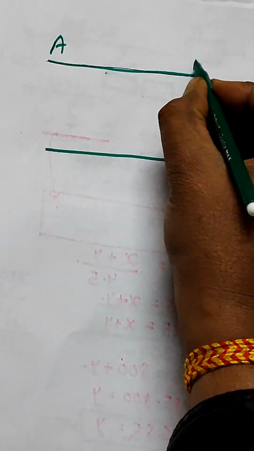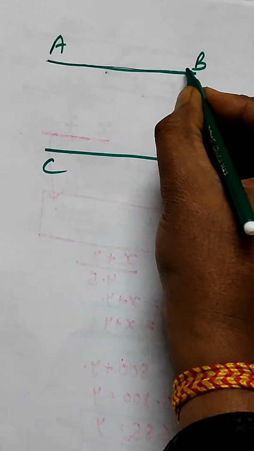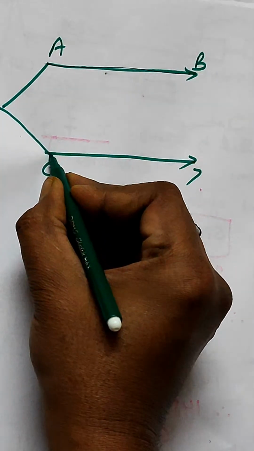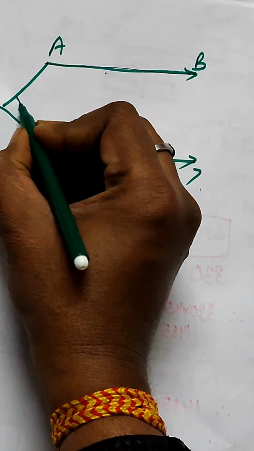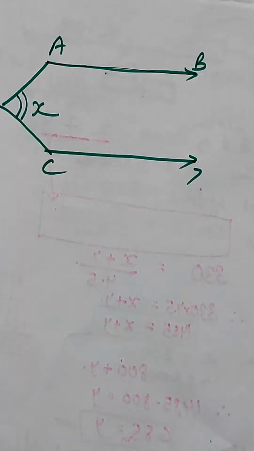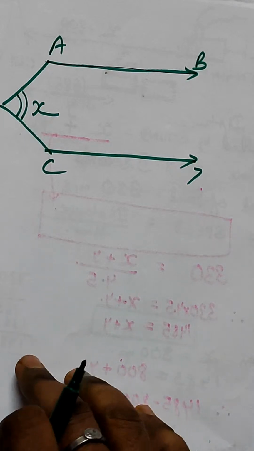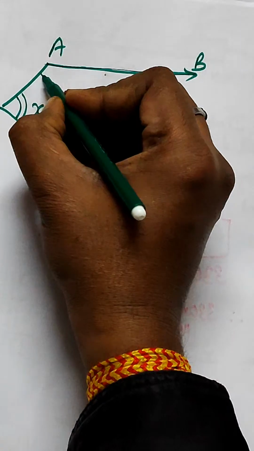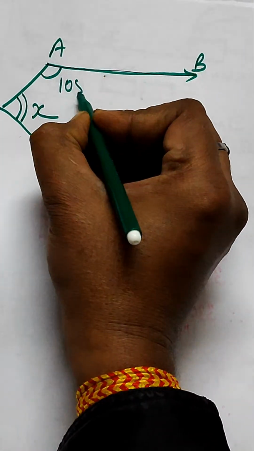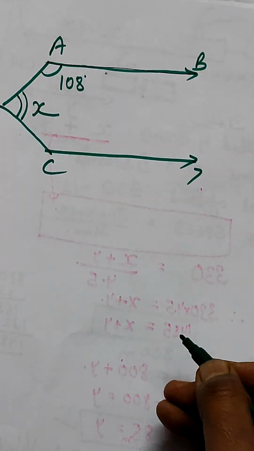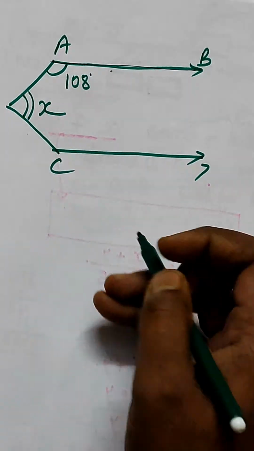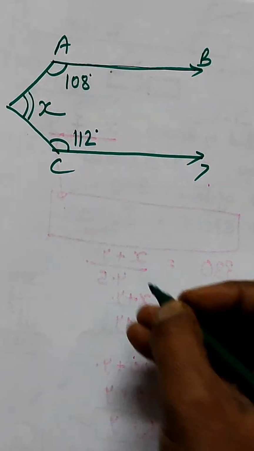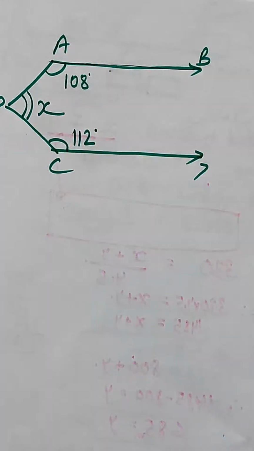This line is AB and CD, and this is connected like this. We need to find the value of this angle X. This is given as 108 degrees and another angle, this one, 112 degrees. Let's say this is a point P.